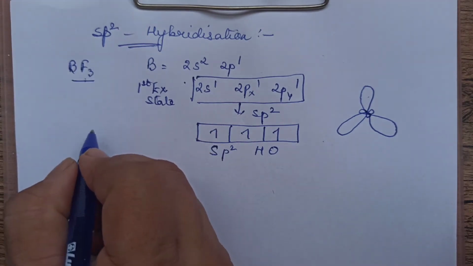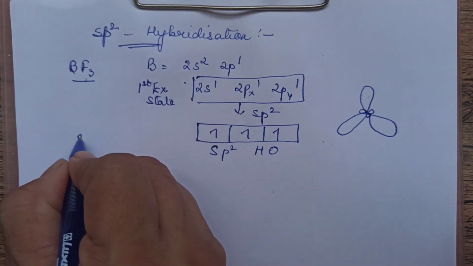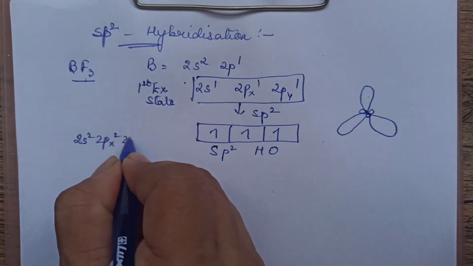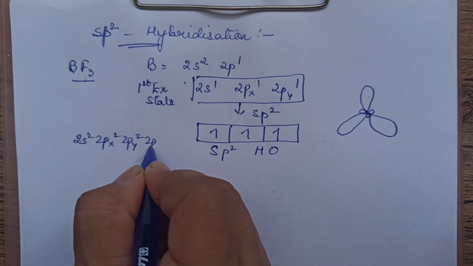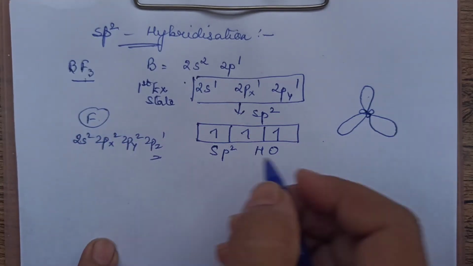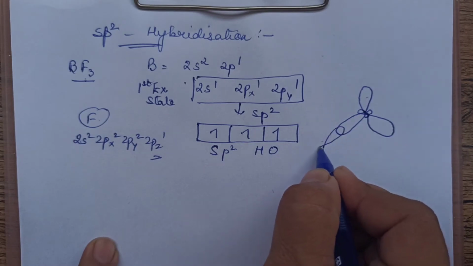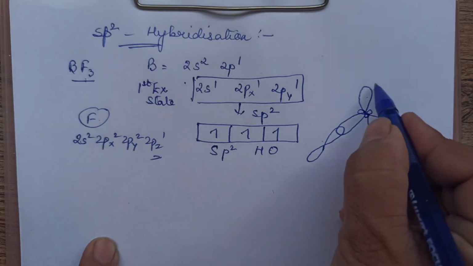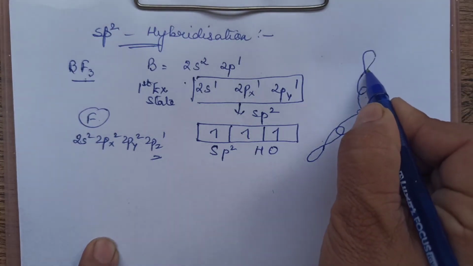If I write the fluorine configuration, it is 2s2, 2px2, 2py2 and 2pz1. This is the fluorine valence shell configuration, right? So there is one unpaired electron. That unpaired 2pz electron will overlap with each of the sp2 hybrid orbitals of the boron atom.